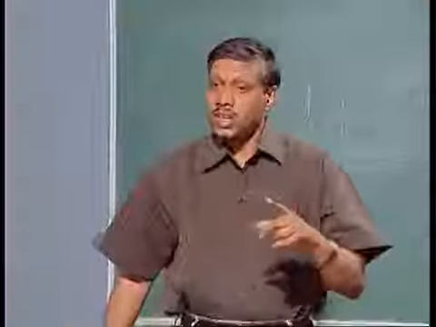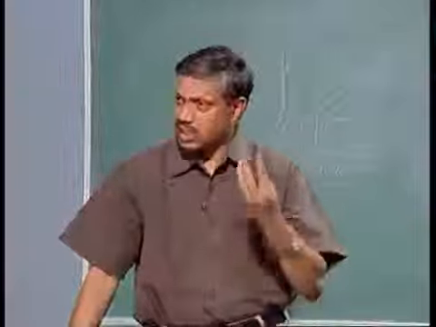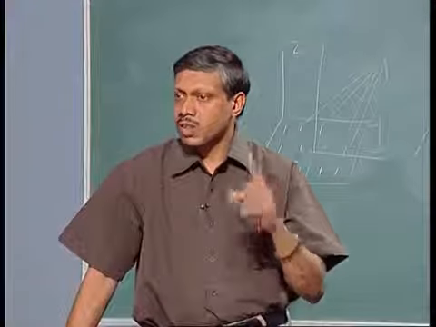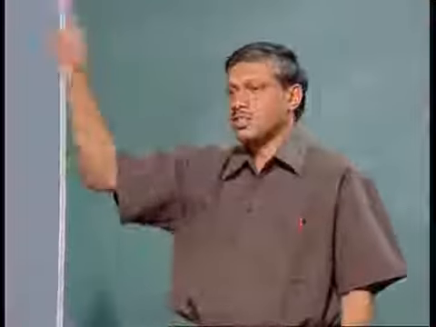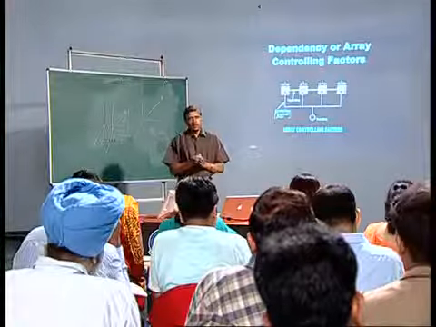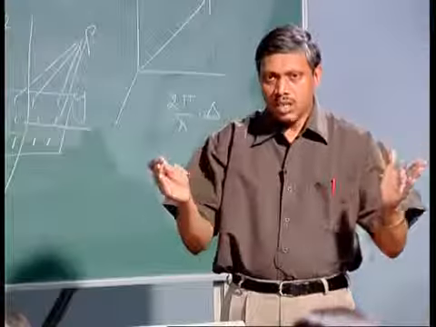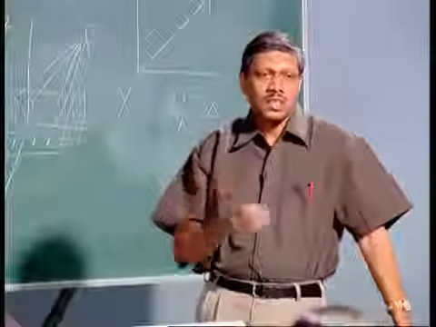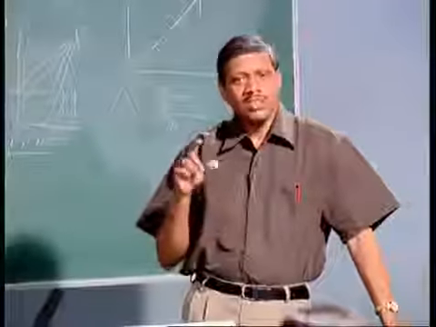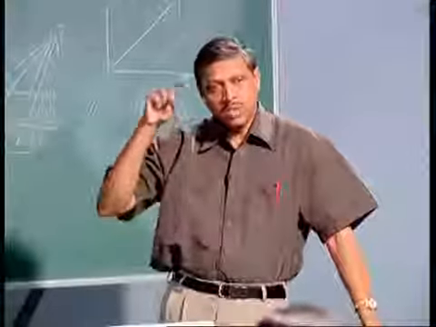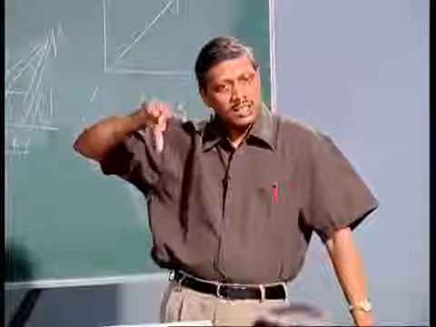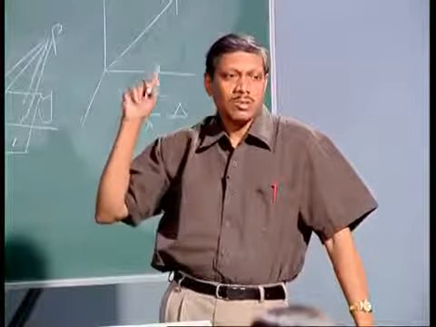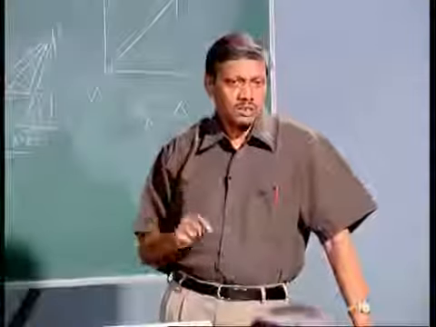So, you will have a phase variation due to the excitation source, and also a phase variation due to the path travel. What we are talking about now is the path travel. So, the space between the antennas in an array is an important controlling factor, which ultimately decides the phase at that point of interest, and that has to be played with so that you will have constructive interference in the required direction. Okay.